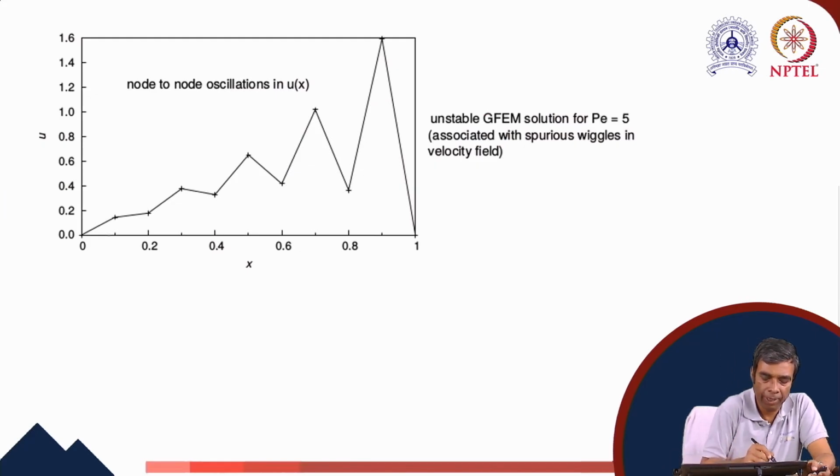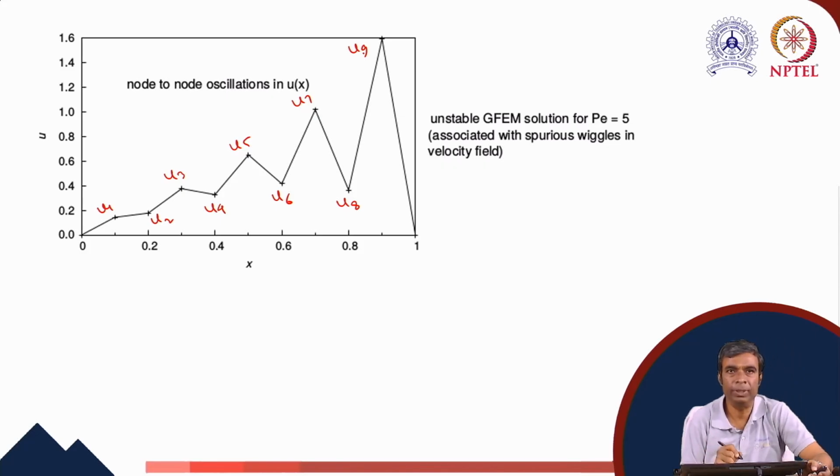So here we have plotted this u versus x curve, and there we see that this is our u1, u2, u3, u4, u5, u6, u7, u8 and then this is u9. Then we see that our solution curve is an oscillatory curve.